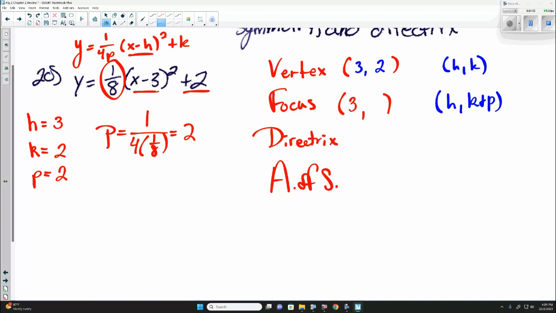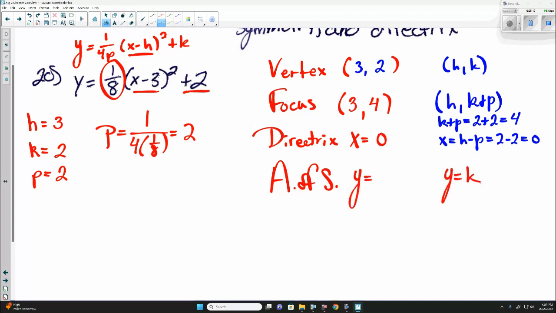It's 3. Now we do need to calculate k plus p. So our k value in this case is 2. Our p value is 2. And 2 plus 2 gives us 4. Directrix is x equals h minus p. In this case, it would be 2 minus 2, which is 0. So the directrix is x equals 0.